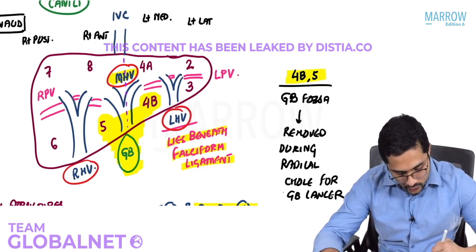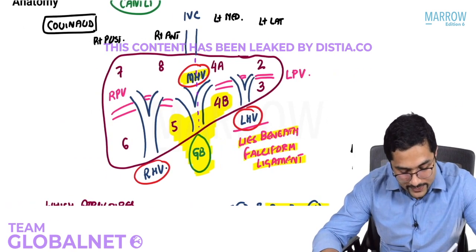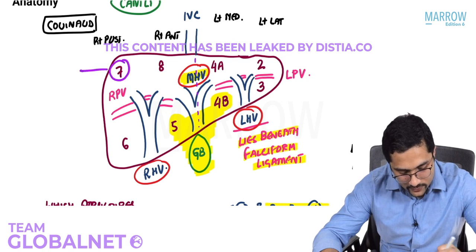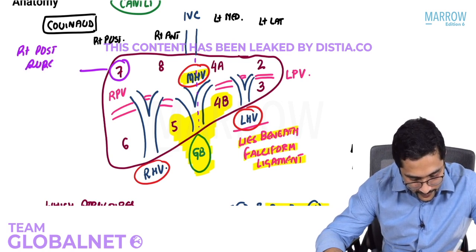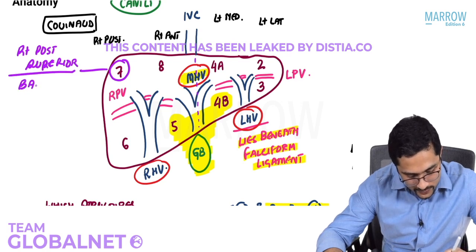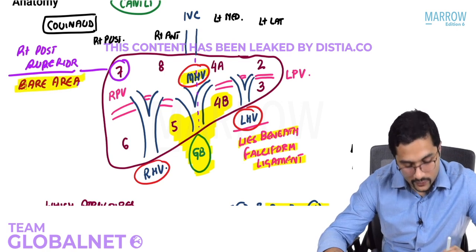Another question which you should know about is segment 7, the right posterior-superior segment. This is also known as the bare area of the liver.